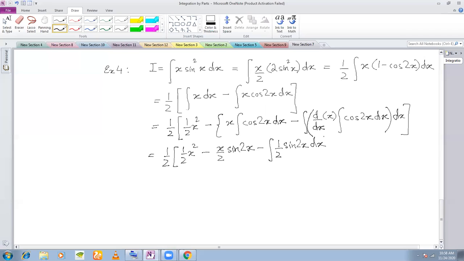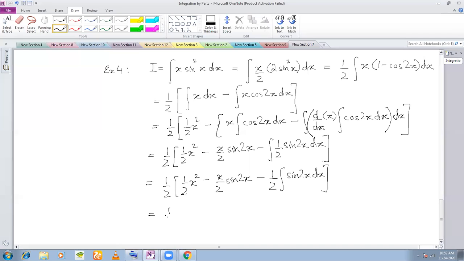So that is done. Half of half x square minus x by 2 sine 2x minus half integral sine 2x dx.